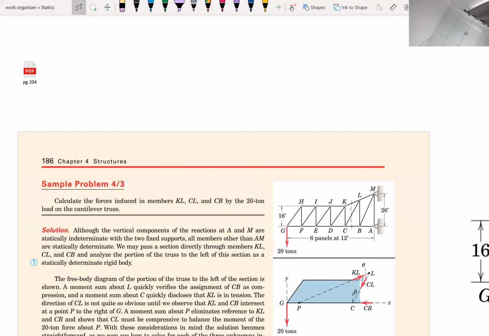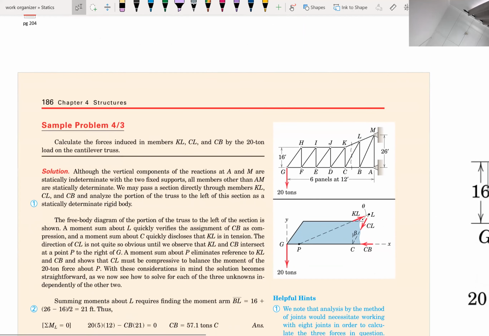Now we have this example. The question is, calculate the forces induced in members KL, CL, and CB by 20 ton load on the cantilever truss. So keyword here is we have to determine forces for members KL, CL and CB.